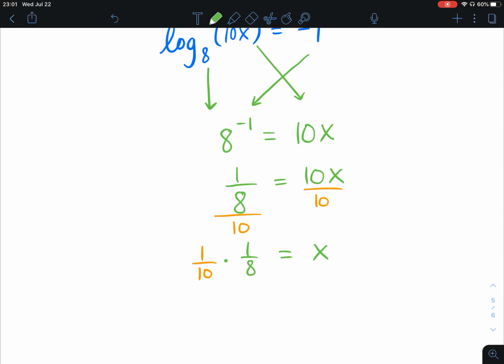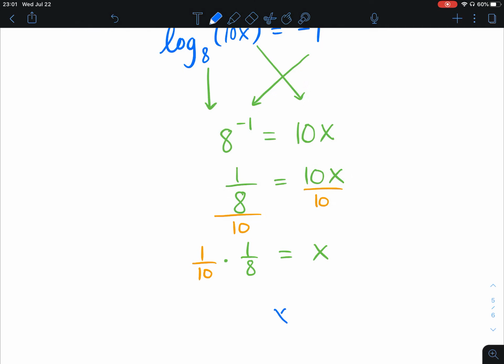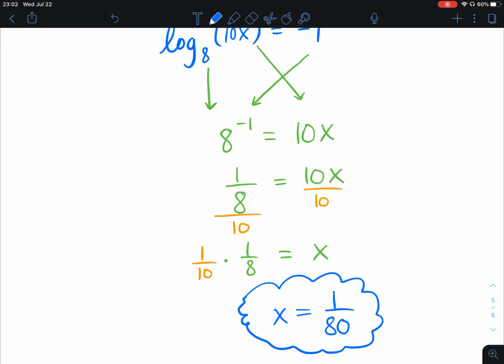So dividing by 10 is the same as timesing by 1 over 10. So that means our solution for x is going to come back as just 1/10 times 1/8, which is 1 over 80. So that would be our solution. Again, you guys can readily check this by plugging it back into the original.